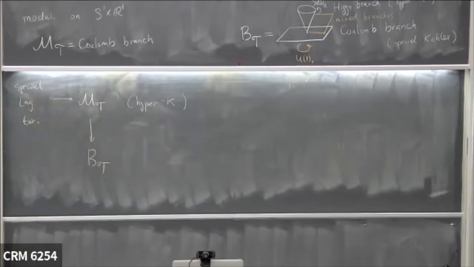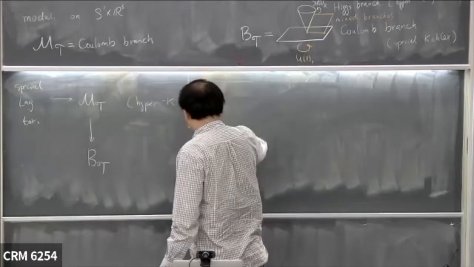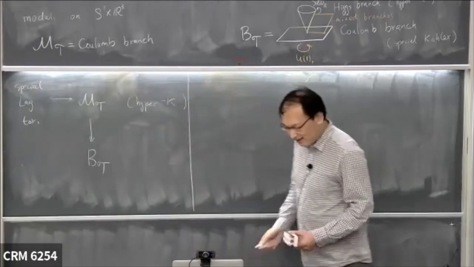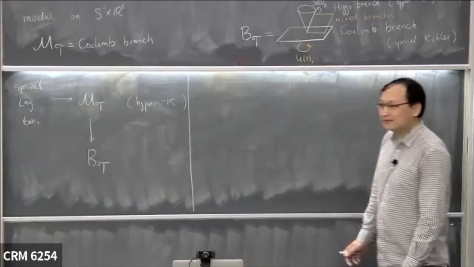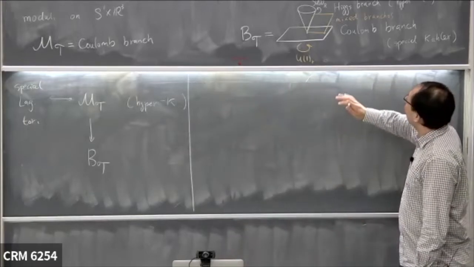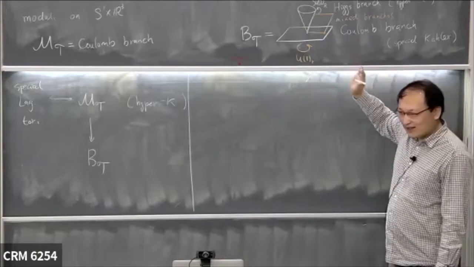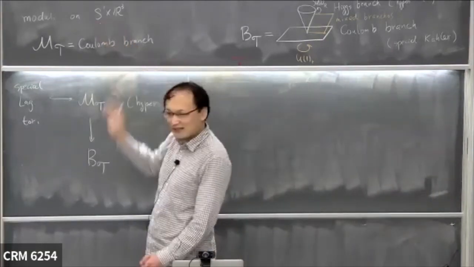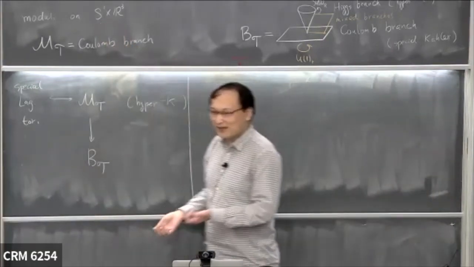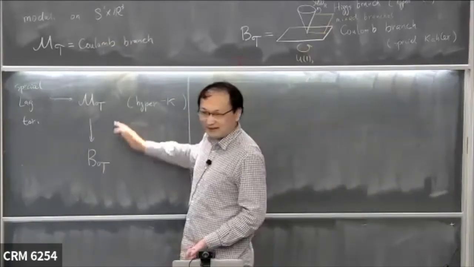And I'm sure this already reminds you of the Hitchin fibration that we talked about before. So B is the Coulomb branch on R4. And the point is that the Coulomb branch on S1 times R3 becomes a bigger space, with one fibering over the other.